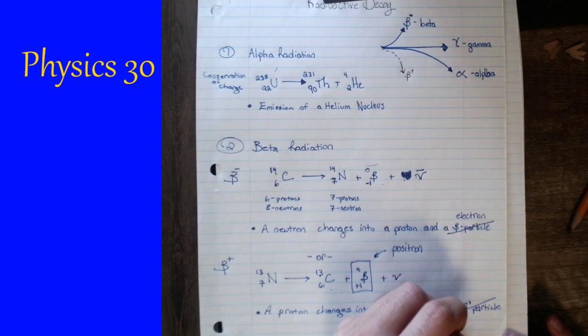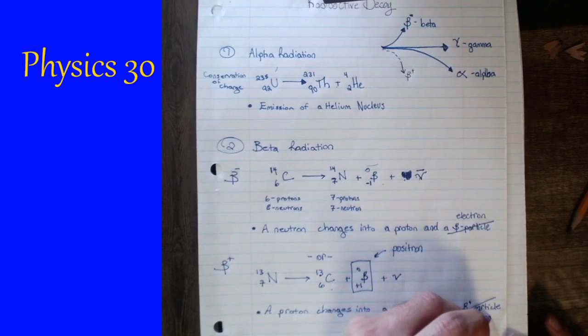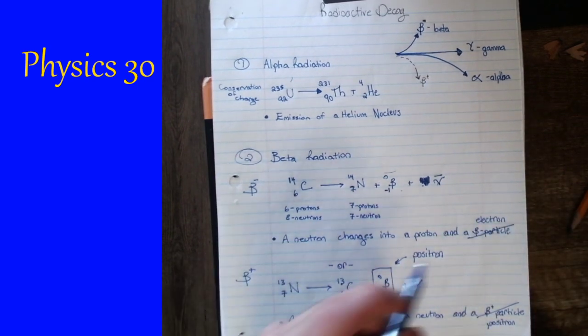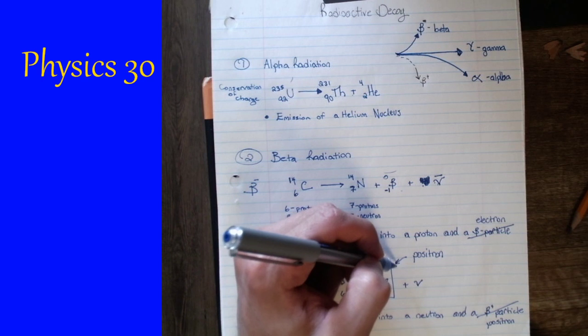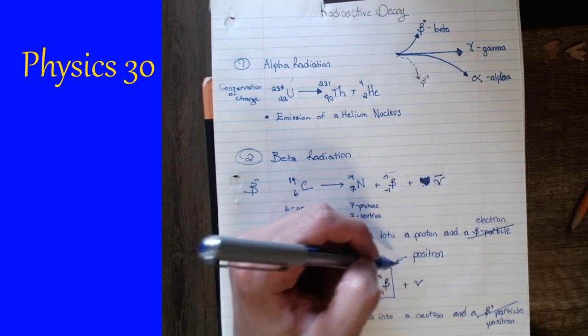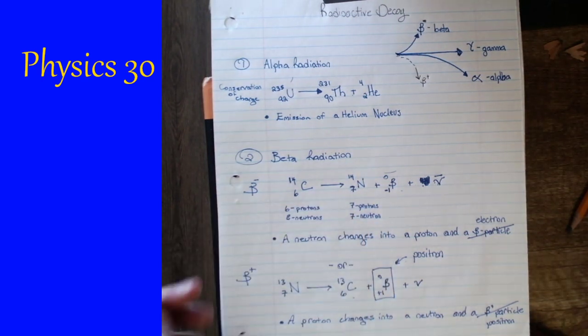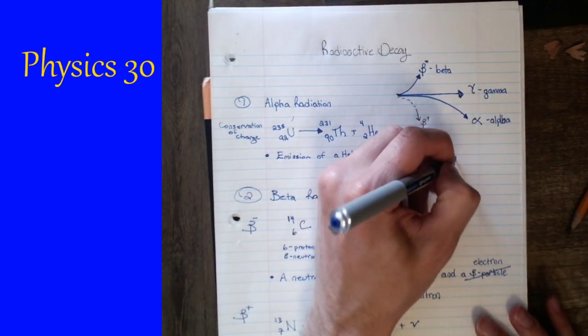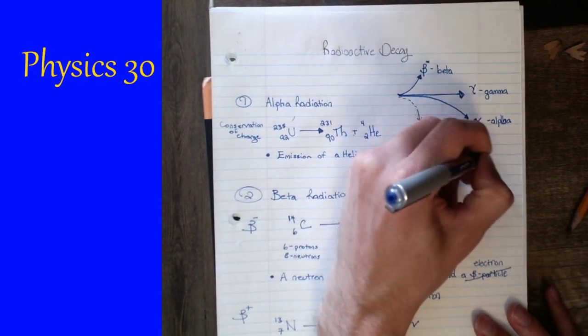But you get a beta plus particle or a positron. And you also get these 2 things, but before we talk about those, a positron is defined as, I'm gonna write this maybe up here, just as a side note.